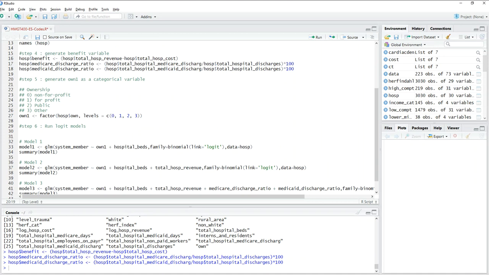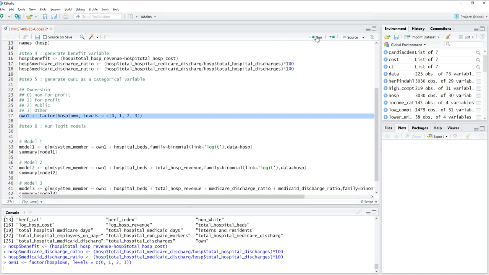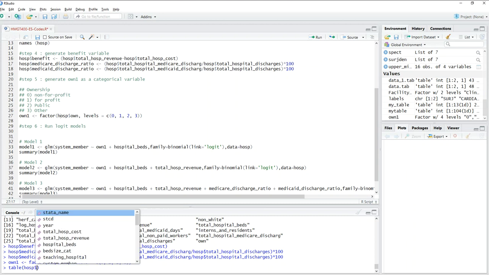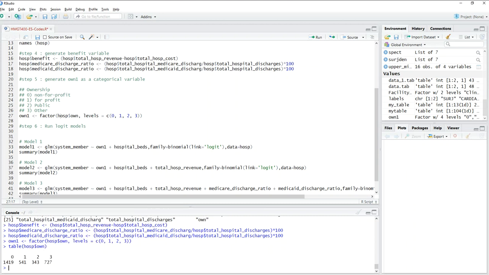Then, because at some point we need to use the ownership as a categorical variable, we need to define the factor function. Based on this factor function I'm converting the own variable from the hosp data. It is coded 0, 1, 2, 3, where 0 is non-for-profit, 1 is for-profit, 2 is public, and 3 is other.